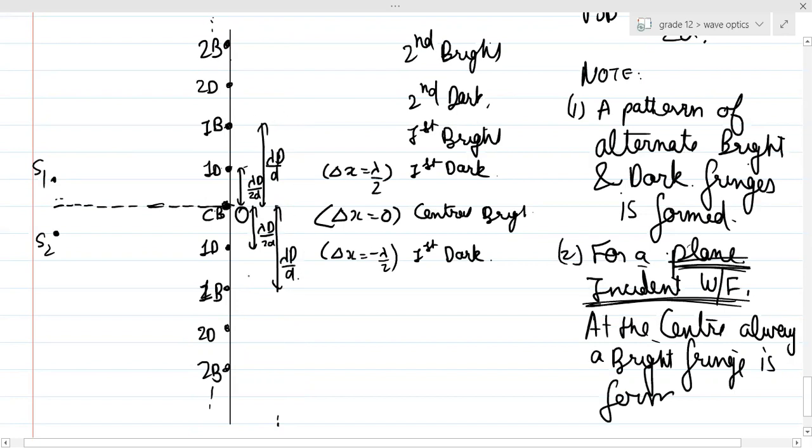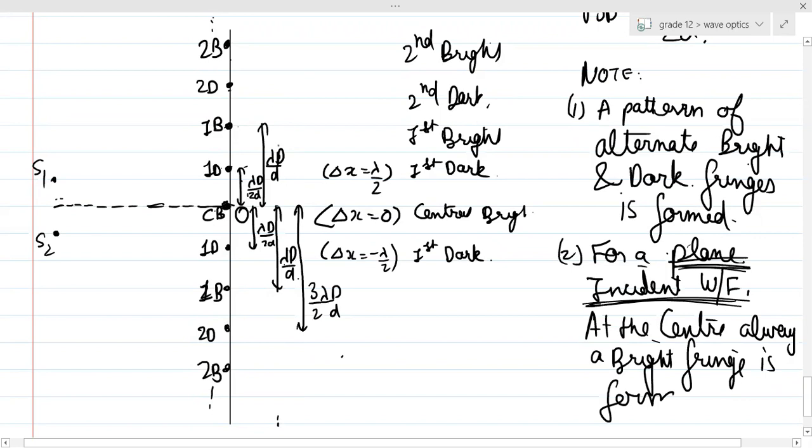What about the distance between first bright and this thing? Can you see this distance from here? It will be 3 by 2 times of lambda d by d. So can you see a pattern, guys? 0, 0.5, 1, 1.5, 2, 2.5. Are you getting my point, guys?